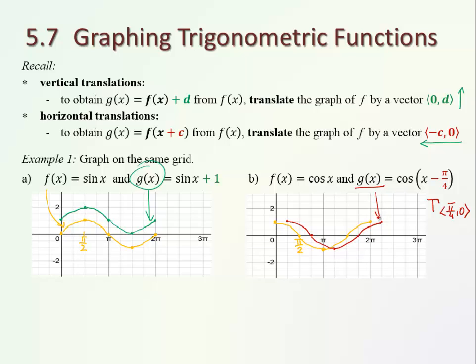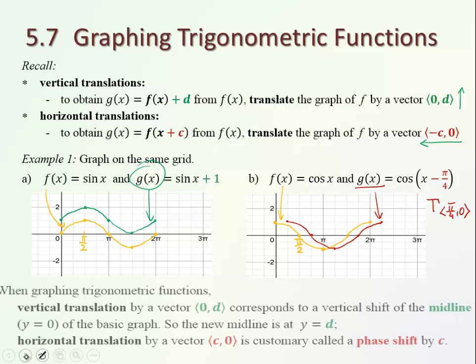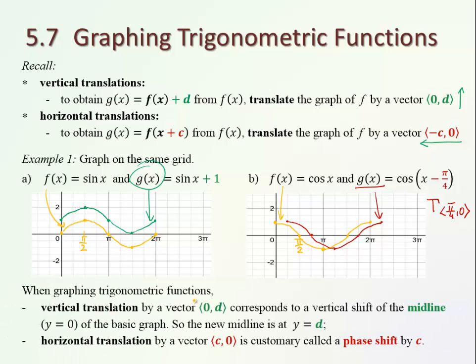Okay, so the red one is the graph of function g, and as before, the yellow one is the basic function cosine. So here we have example of vertical and horizontal translation. We can make a general observation. If we want to translate original graph of trig function vertically by a vector (0, d), that corresponds to a vertical shift of the midline.